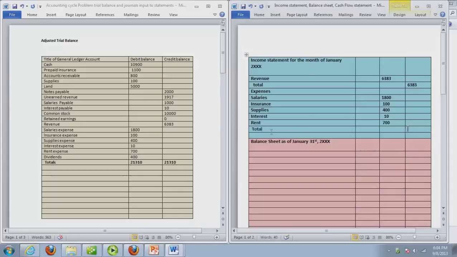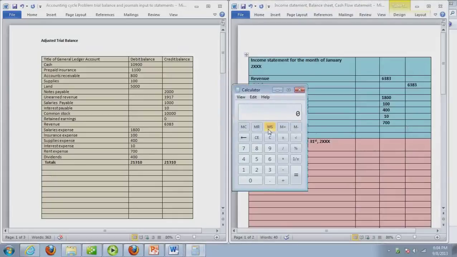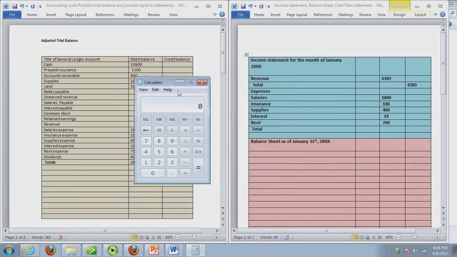Okay, so then we want to add up our expenses. So we have a few numbers to add. It looks like 3,010, so I'll put that in as a total. And then we can do net income or net loss.